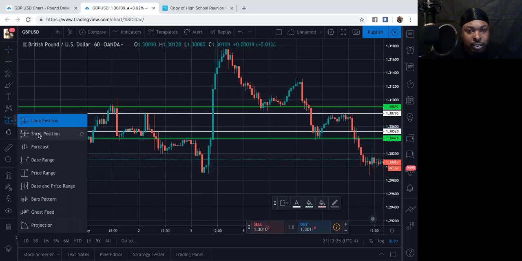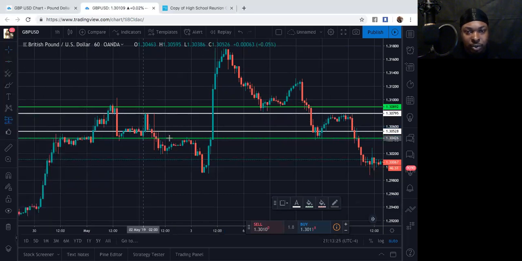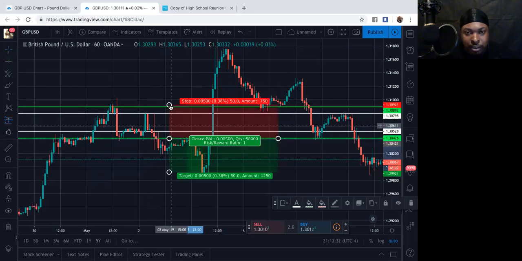It's a short position. Again, the green line is my entry, and my stop loss is at the opposite end. As you guys see at the 3 o'clock candle, this triggered. It moved down as we suspected.